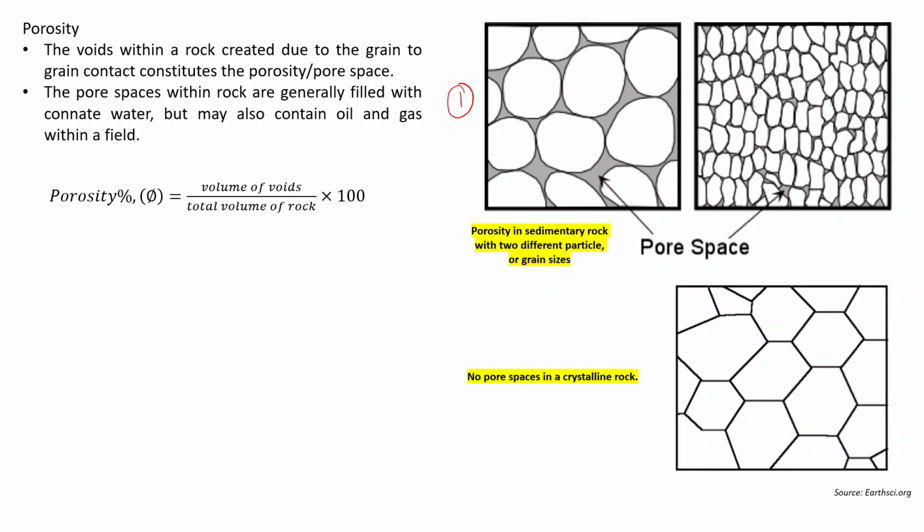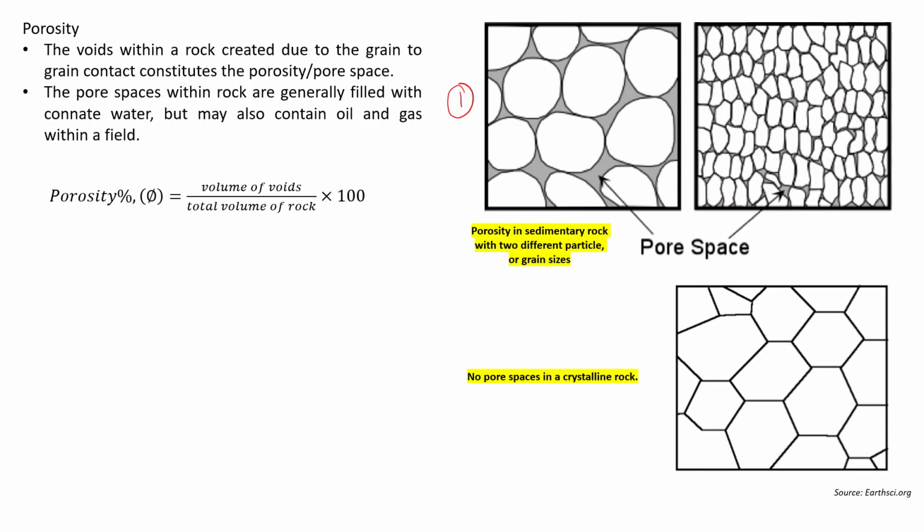The porosity of a sedimentary rock is defined by the type of grains, grain size, and how they are in contact with each other. In the third picture you can see that this is a crystalline rock, and therefore it has no pore spaces in it because there is no void there.